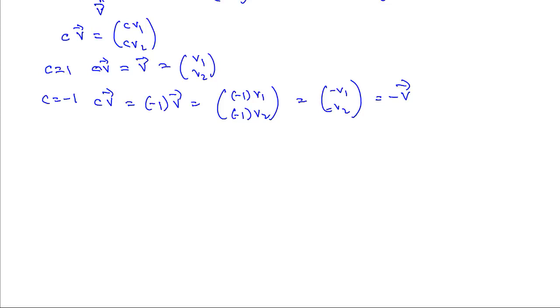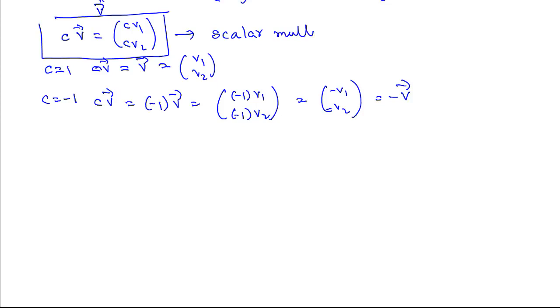So this rule that we defined here can be called a multiplication, but it's a scalar multiplication. A scalar means, say, a real number.